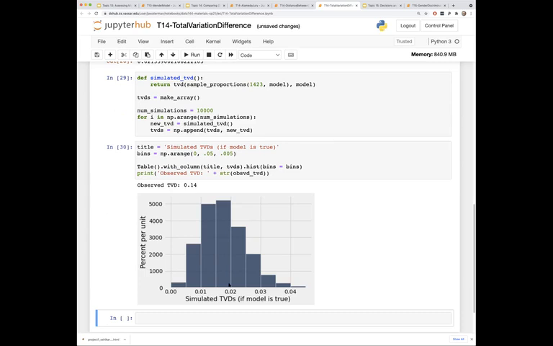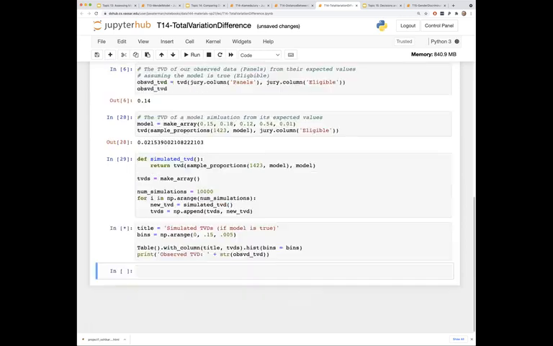If it were due to chance, and computing this summary statistic of the TVD, this is where we would expect to see it. For almost all cases, we never see a TVD larger than 0.04. And to actually see that, we can just change the bins here.